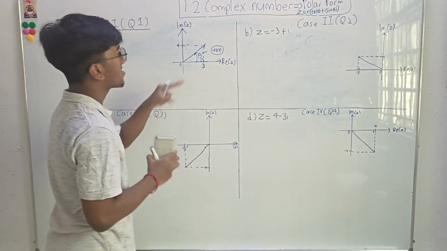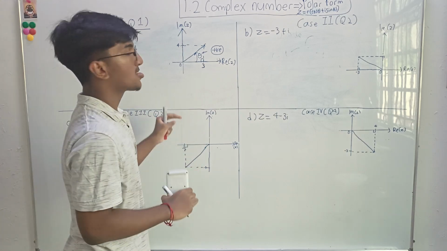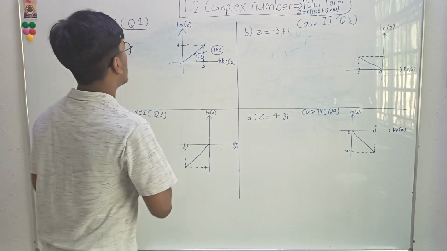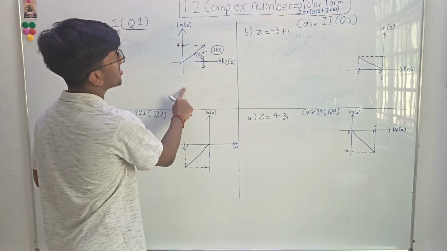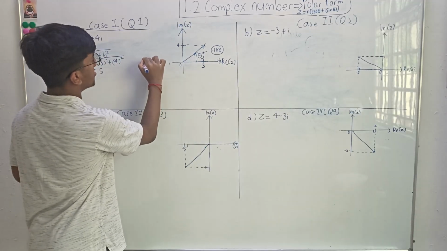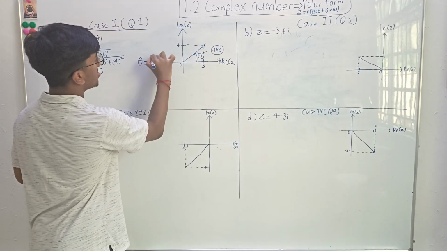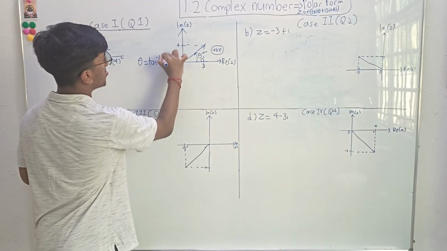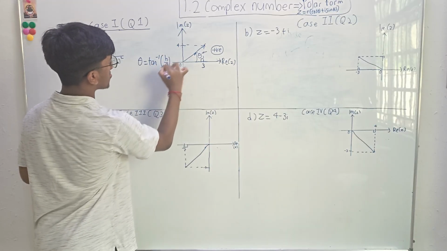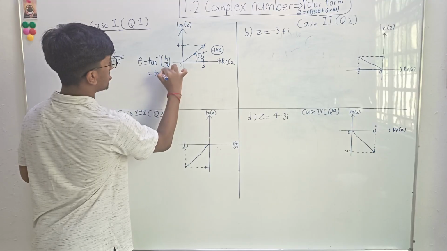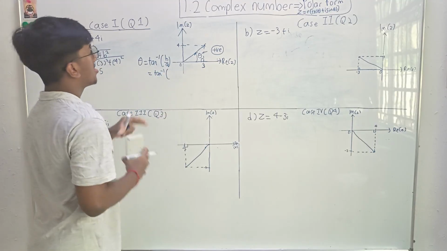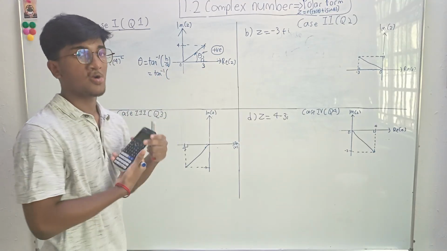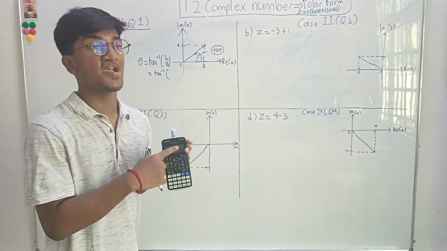So how do we find the theta? We need to use the trigonometric ratio. For this case, it is suitable to use tangent. So theta is tan inverse b over a. Before you find the answer, make sure your calculator is in radian mode.